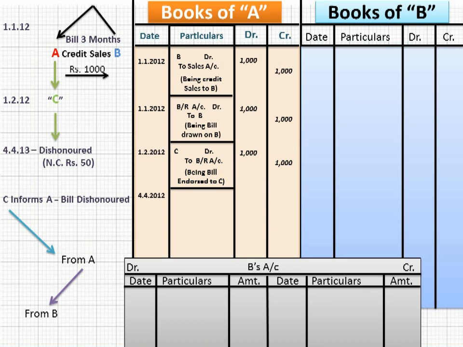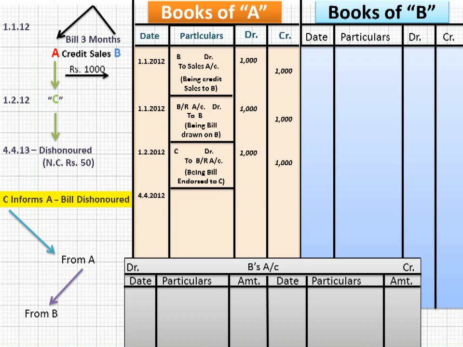And on due date, 4th of April 2012, what happened? Suppose you are A, you got the information from C that the bill was not paid on the due date. So when you come to know about this incident, what will you do? You will have to pass a journal entry.